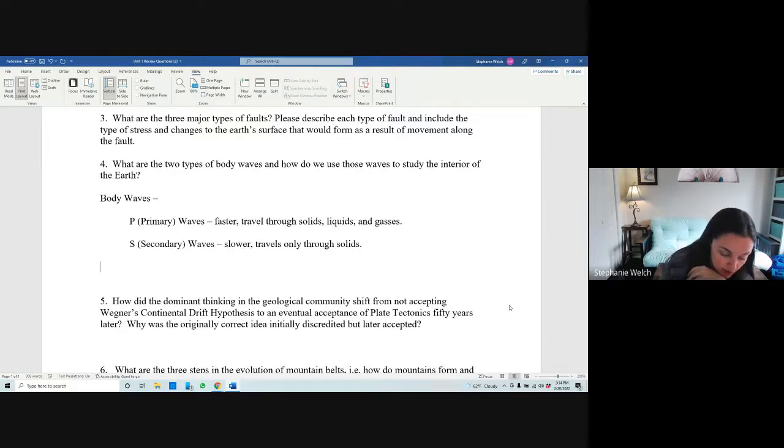Now, the second part of this question, first, what are the two different types of body waves? We described that. Second, how do we use those waves to study the interior of the Earth?